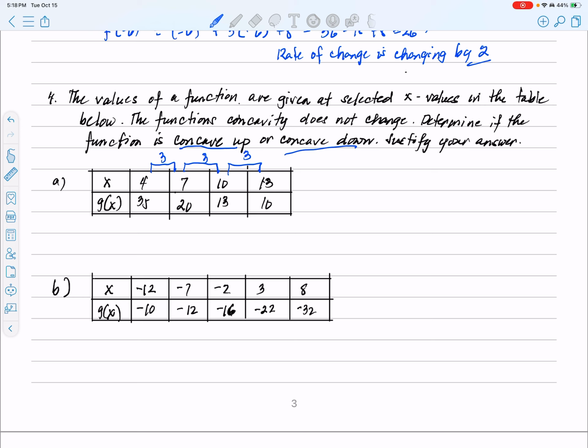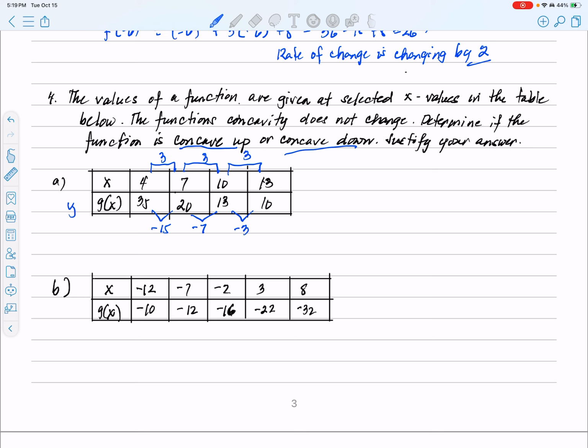Okay? Then, for the y values, g of x, get the first difference. So you have 20 minus 35, that's negative 15. Then 13 minus 20, that's negative 7. Then 10 minus 13, that's negative 3.